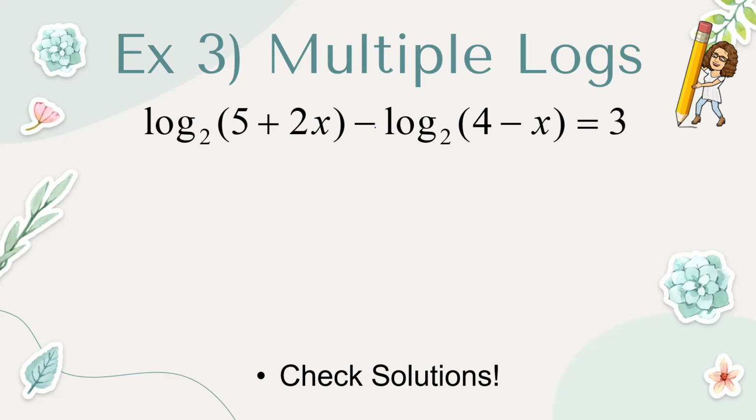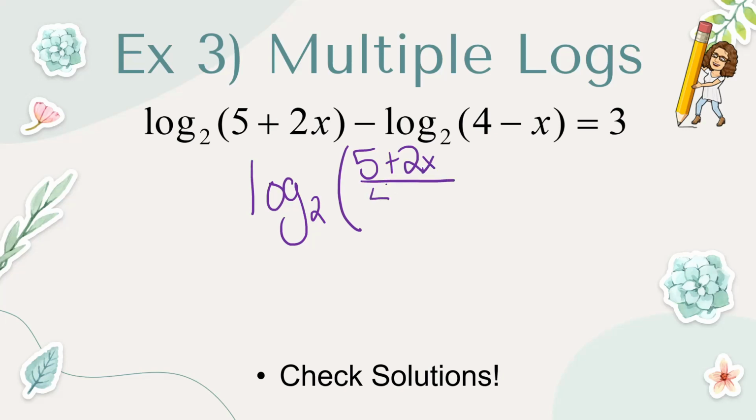So I'm going to condense it. Subtraction, we know, does change into division when we are condensing. So I'm going to show my condense here. Log base 2 of, and its numerator, 5 plus 2x divided by 4 minus x. That's equal to 3. The log is alone now, and it's a single one.